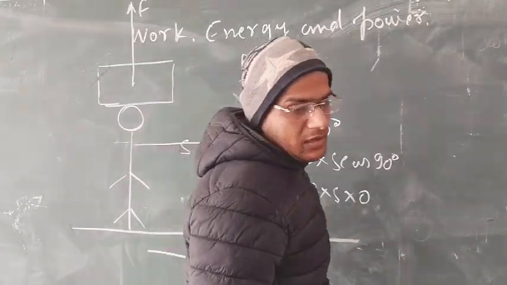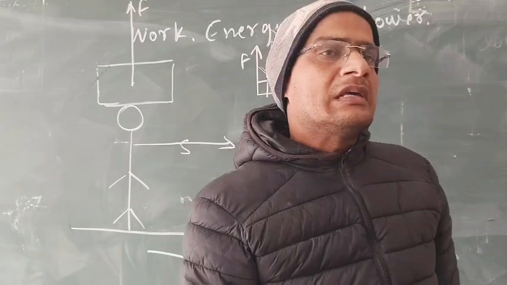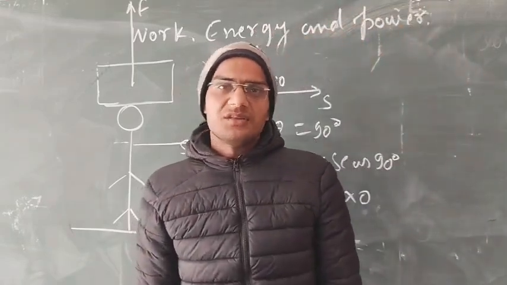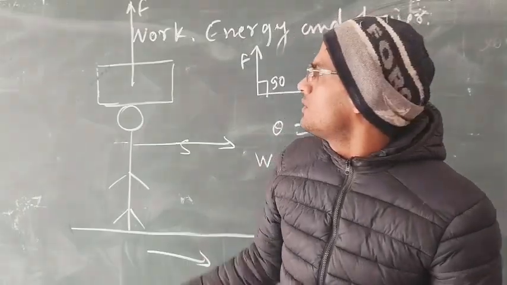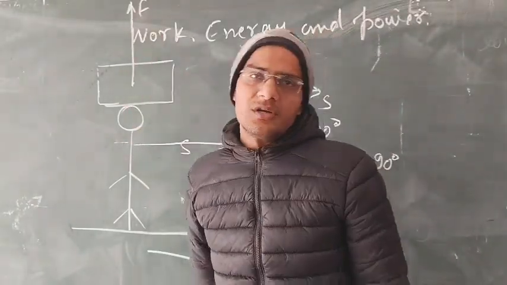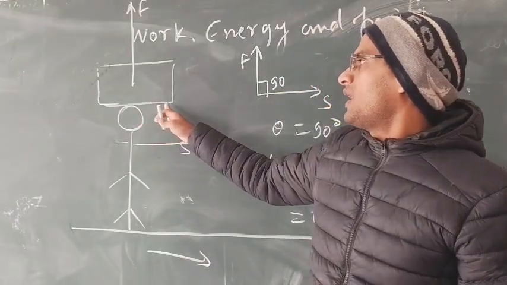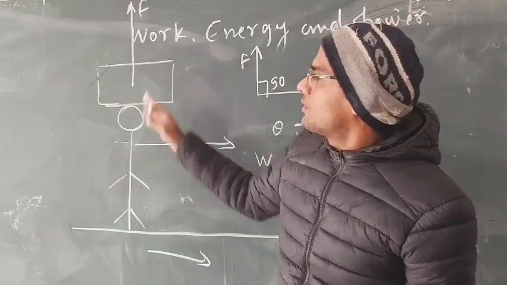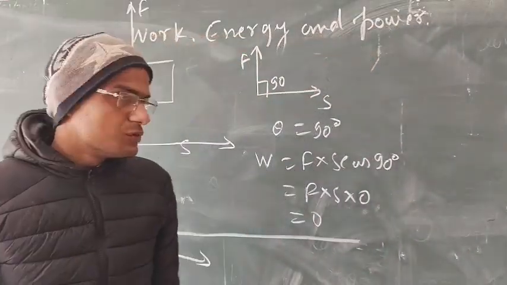So according to physics, when a coolie carries a bag over his head on a horizontal platform, the work done by the coolie will be 0, because the coolie is applying force in the upward direction and moving the bag in a horizontal direction.